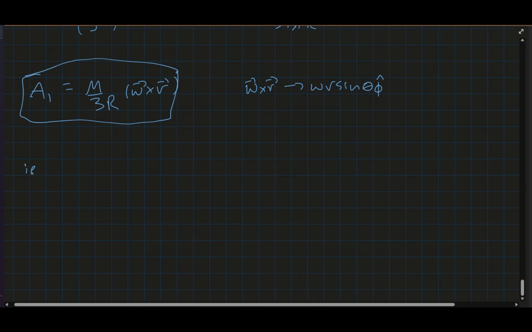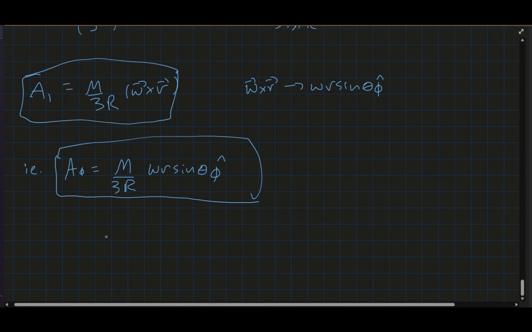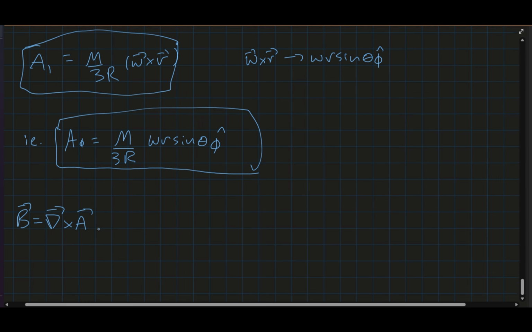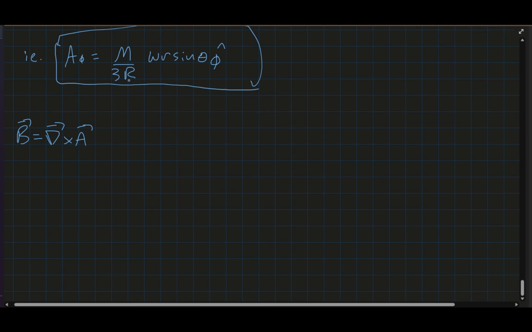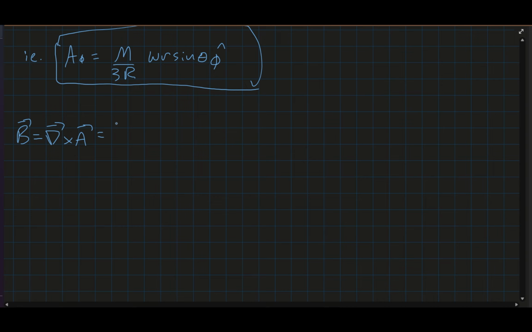So let's go ahead. Now we're going to be talking about A phi, which is m over 3r times omega r sine theta phi hat. And what do we know about B? We know that B is exactly this, the curl of A. And in spherical coordinates, that's going to look like this.